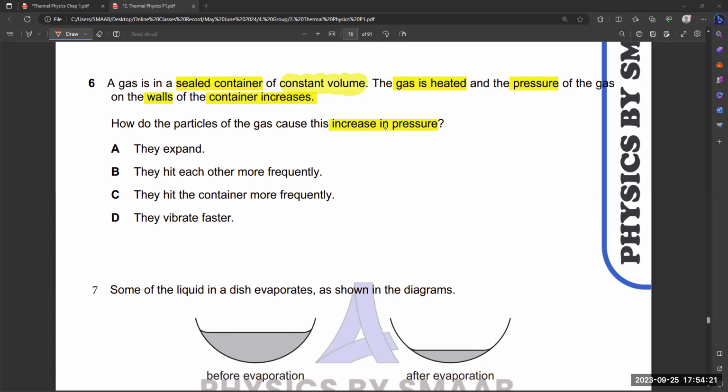So if they hit the container more frequently, that gives you the concept of increase in pressure, right? Because we are not able to measure the pressure from molecules hitting each other, since molecules are very tiny, so we can only find out the pressure with reference to the container. Yes, with the container, sorry.